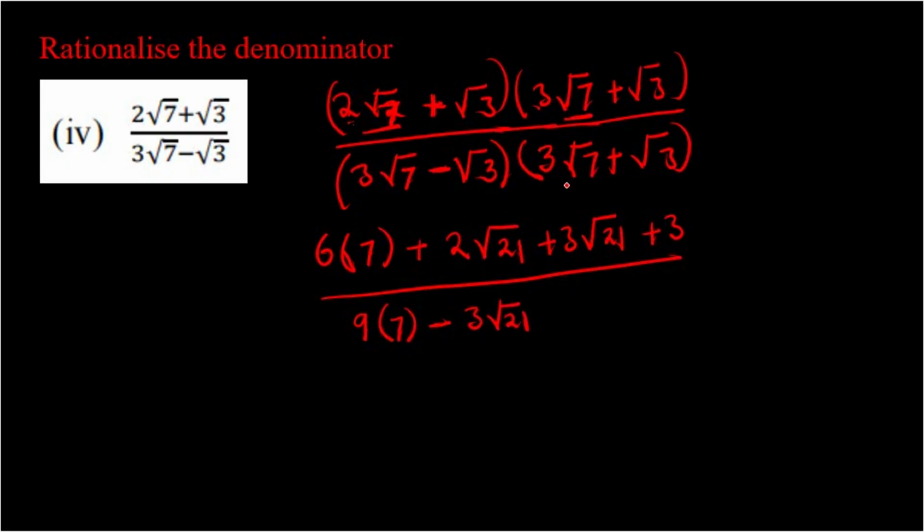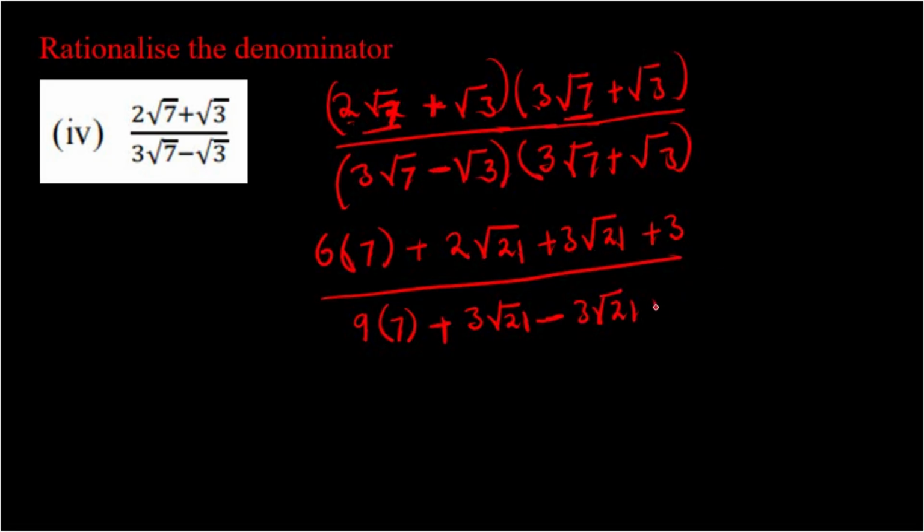The negative root of 3 times this part here, this one times this one, is supposed to be positive, not negative. This times that means 3 negative root of 3, then 21.